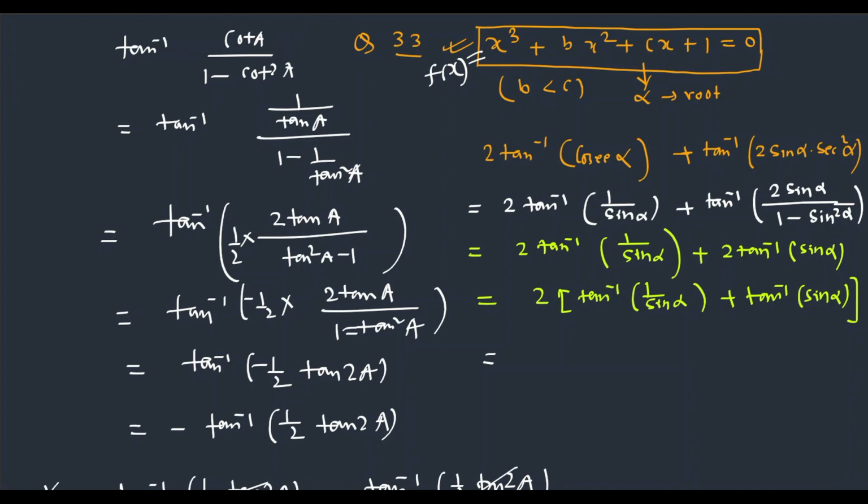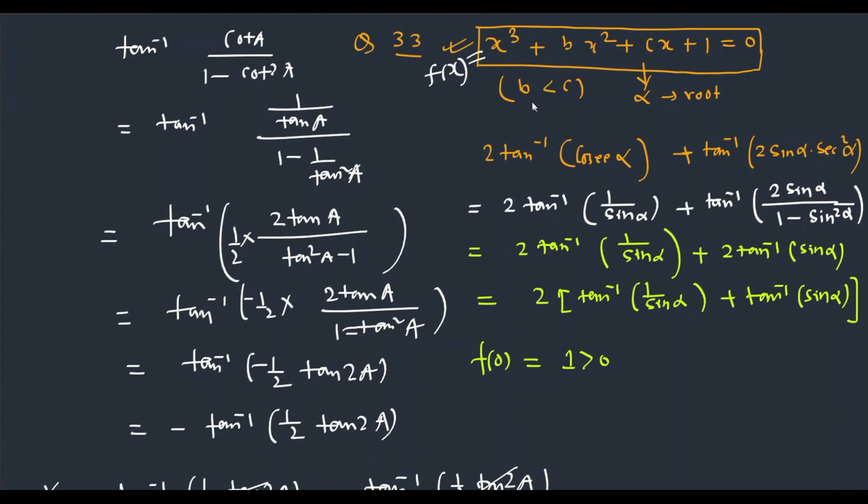Now we calculate what will happen at f of 0. 0 is the standard value, because after 0 the number is positive and before 0 it is negative. If I take f of 0, this expression will give you 1, because this part is 0, this part is 0, this part also 0, but 1 is there. So f of 0 gives you 1, which is a positive number.